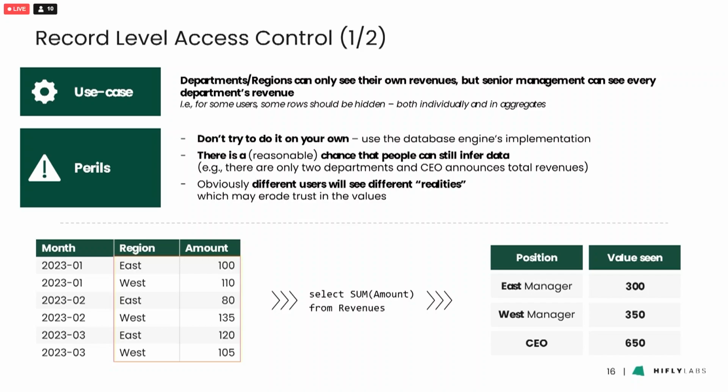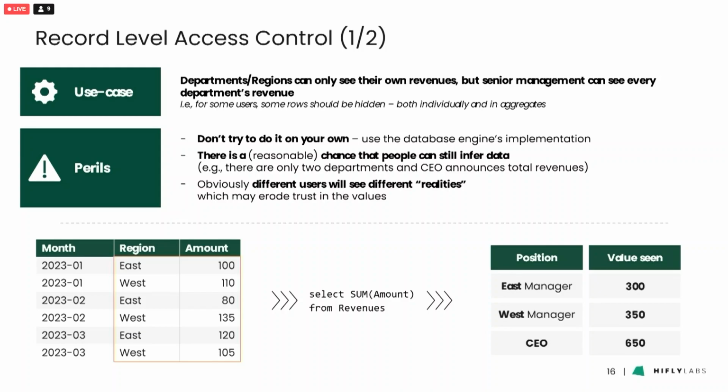Another problem is that in certain cases, and unfortunately too many cases, figures that you don't see can be inferred, at least to an extent. For example, if I'm the East manager and I only see my figures, and the CEO announces what the quarterly revenues were, I can easily calculate the other figures, not on a monthly basis, but on an aggregate basis.